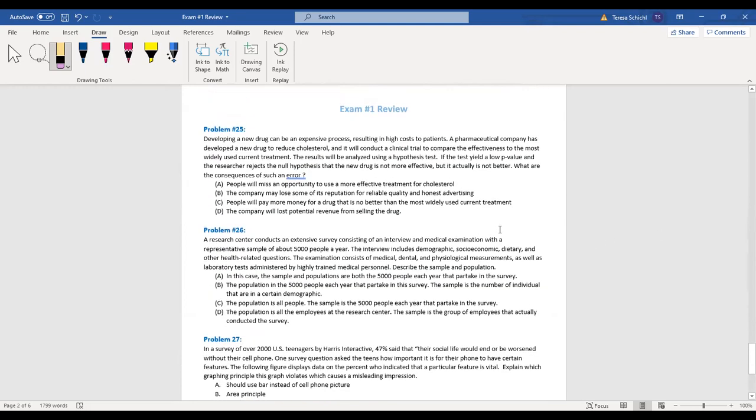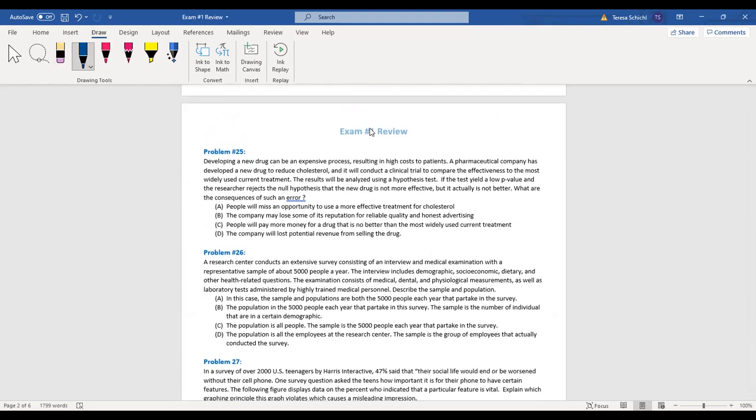Number 3. Developing a new drug can be a very expensive process, resulting in very high cost to patients. A pharmaceutical company has developed a new drug to reduce cholesterol, and it will conduct a clinical trial to compare the effectiveness to the most widely used current treatment.